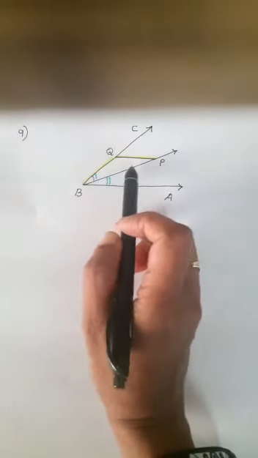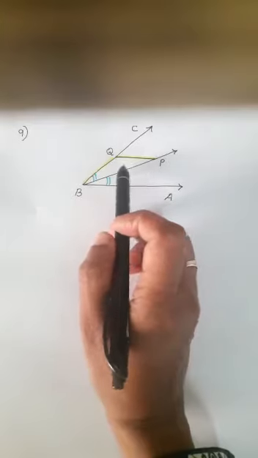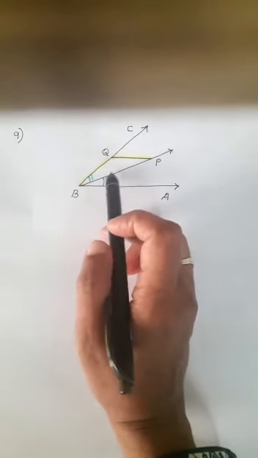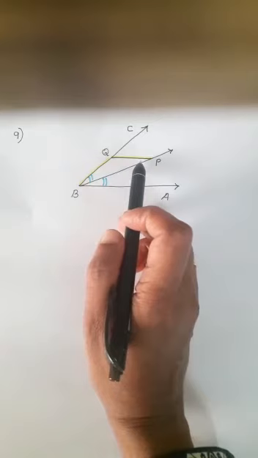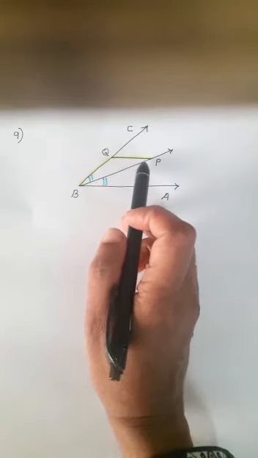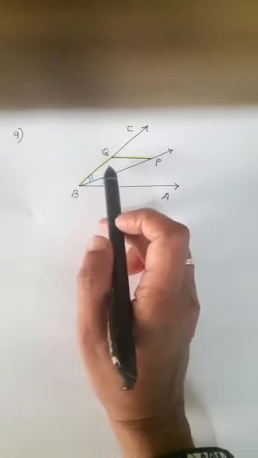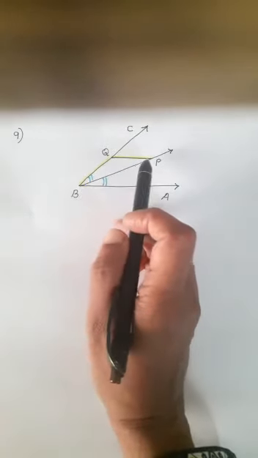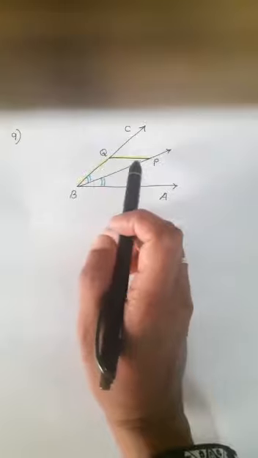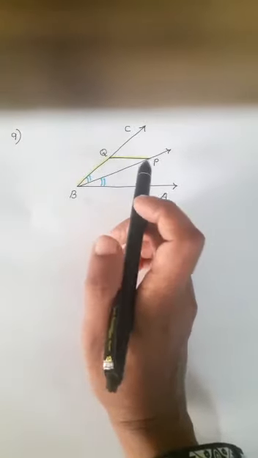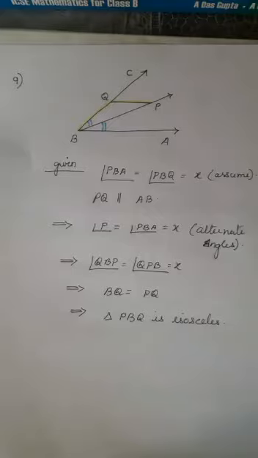This angle and this angle are equal. If two angles are equal in a triangle, then it is isosceles. By applying the property, you can also tell that the sides opposite to the equal angles are also equal. BQ is equal to QP. So BPQ is an isosceles triangle. This is the solution.